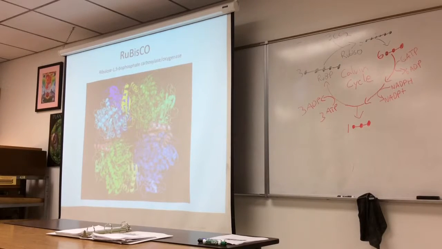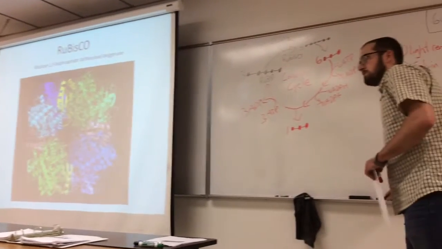The problem is that instead of getting our nice 6-carbon molecules, you're going to wind up with a 3-carbon sugar like you want, but then you have this weird 2-carbon molecule. Then the plant has to spend some additional energy to recover that carbon. That process is called photorespiration.